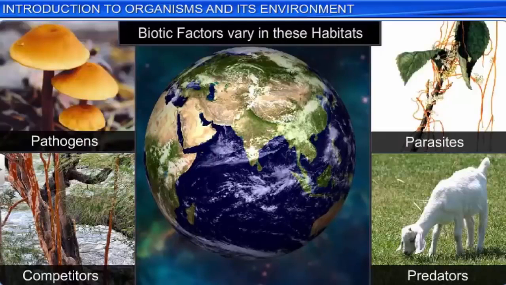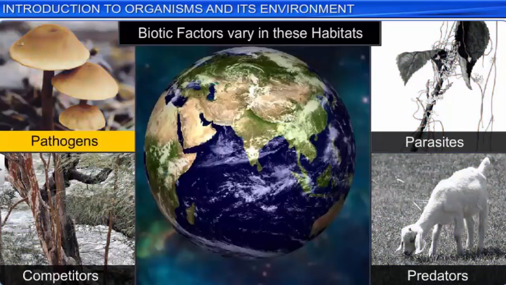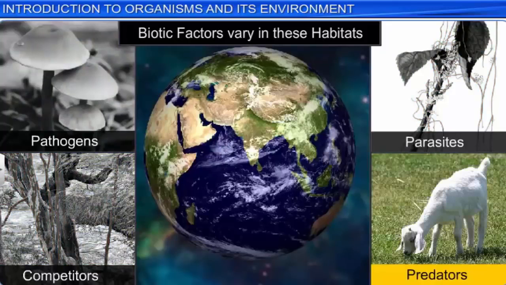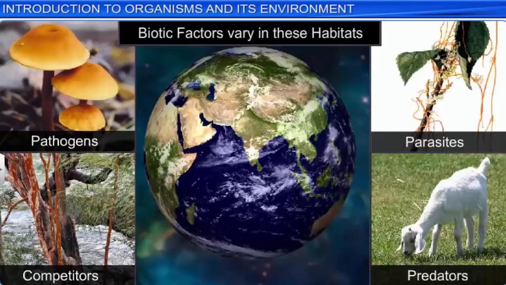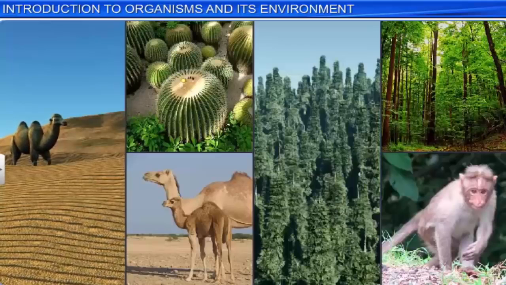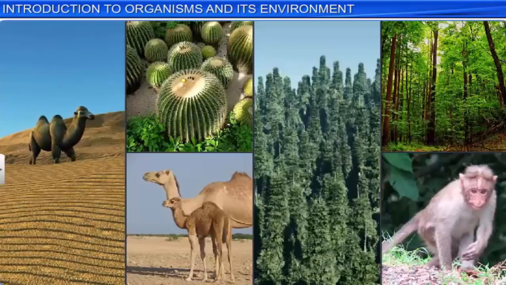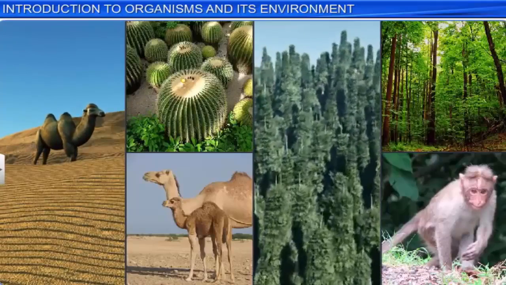Apart from interacting with abiotic factors, the organisms also interact with the other living organisms in their habitats, such as pathogens, competitors, parasites, and predators. This is the reason why organisms differ from habitat to habitat. For example, the plants and animals in the Rajasthan desert are different from those in the Meghalayan rainforest.